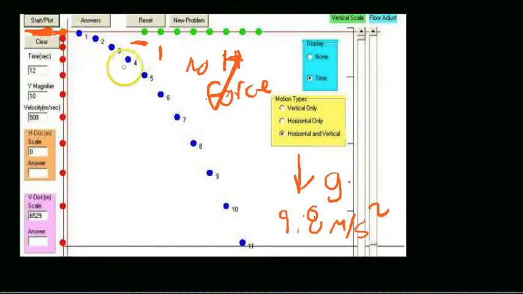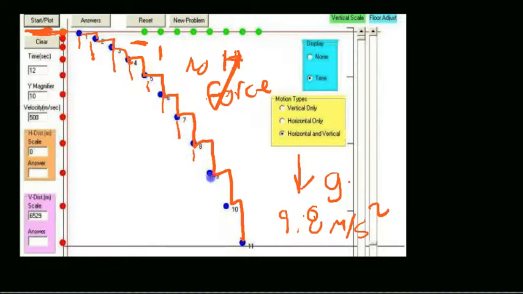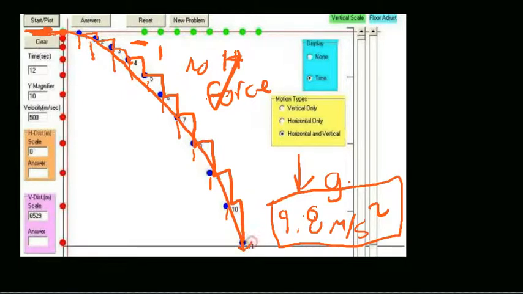So horizontally, this component's not changing. It's going the same horizontal distance constantly. But vertically, it's increasing, right? It's going further and further down with each fall, which is because it's accelerating at 9.8 meters per second squared. This is the parabolic path with a combination of horizontal and vertical motion, okay? So the horizontal component, H, is completely constant.